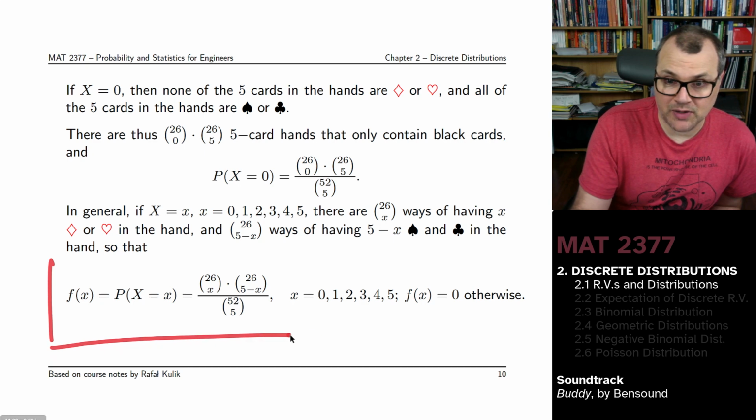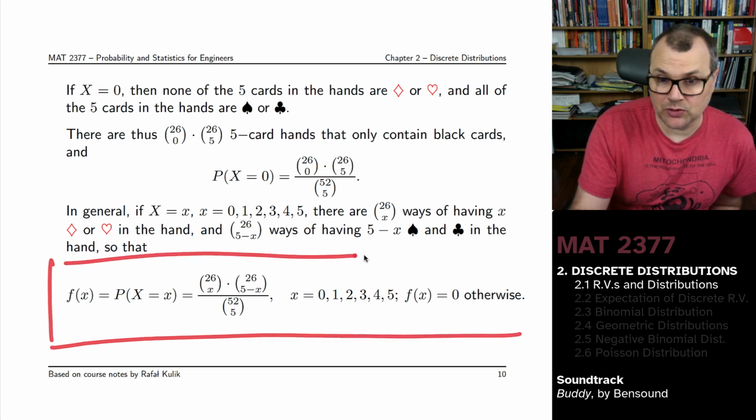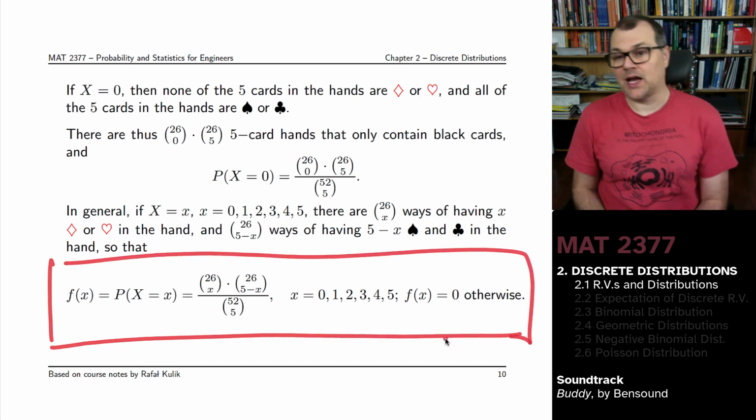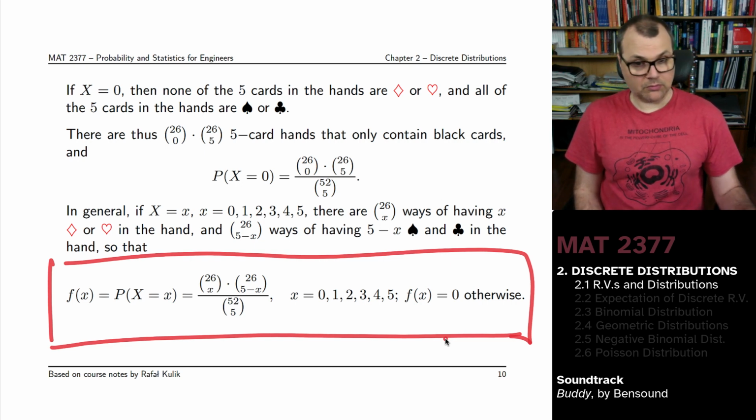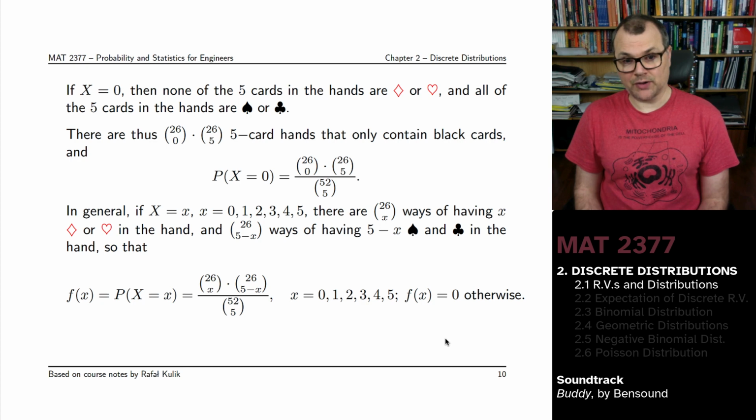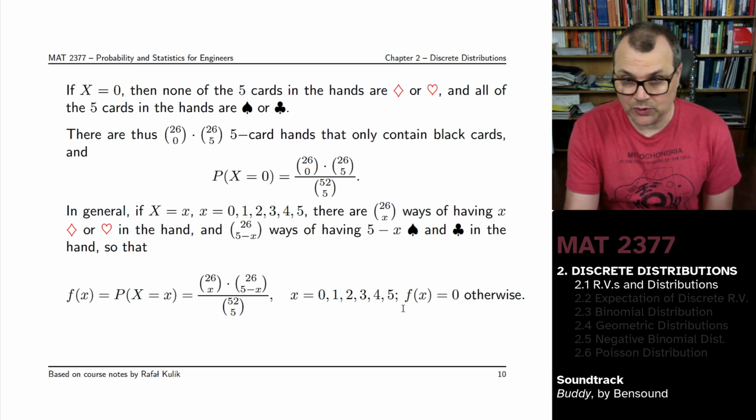We won't be talking about this distribution in general terms, but it has a name. This is the hypergeometric distribution. So in your textbook, you could learn a little bit more about it. The values that x can take would be 0, 1, 2, 3, 4, 5.